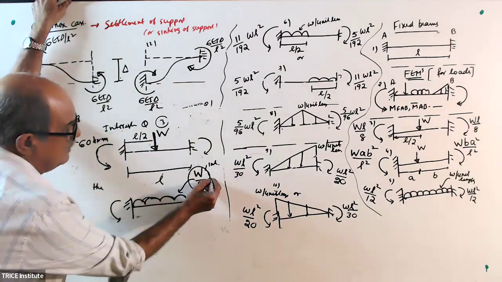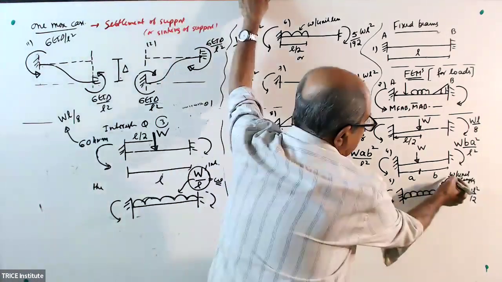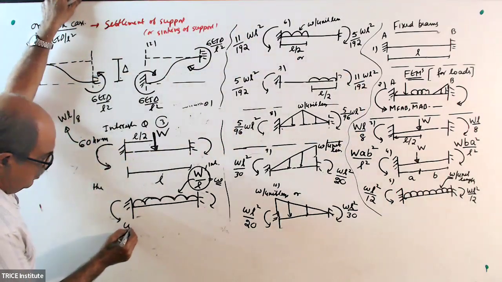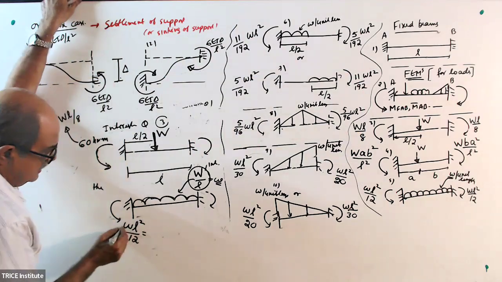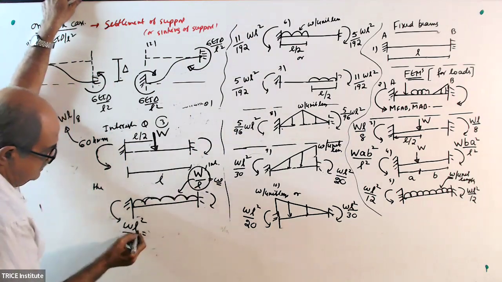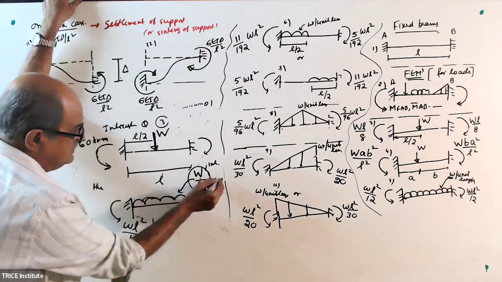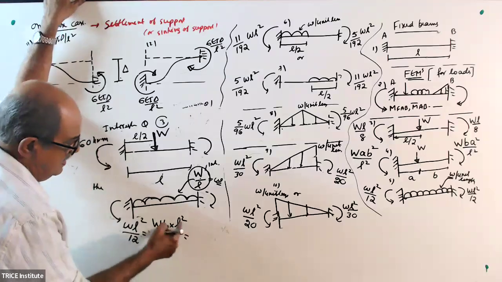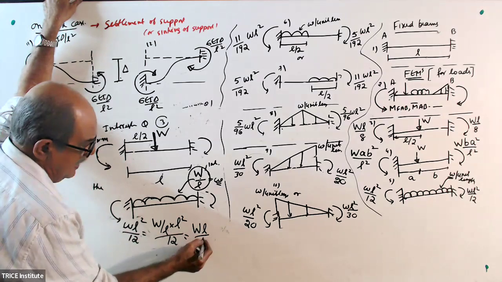That is our small w, the intensity. Now FEM is wL square by 12, which is W by L intensity into L square by 12, where L and L cancel. It is WL by 12.